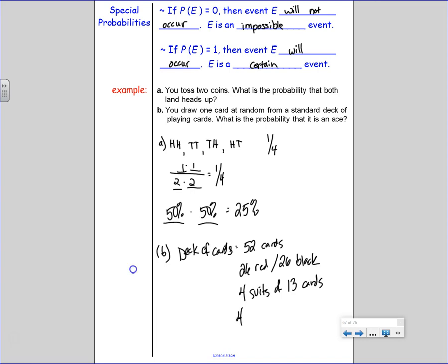And then there are 4 face cards in each suit. So if there are 4 face cards, how many numbered cards are there? Jack, queen, king, depending on how you're counting ace. Sometimes aces are low. So then 9 number cards.